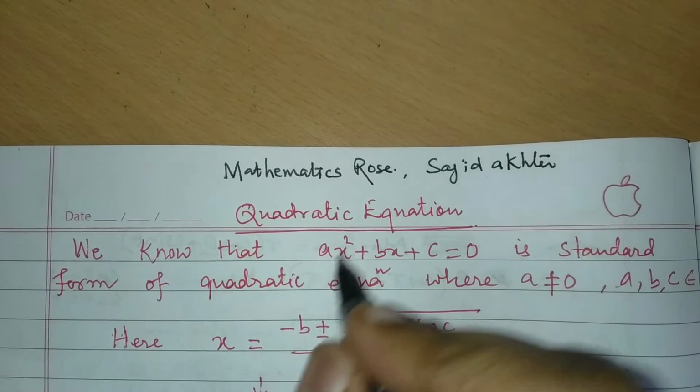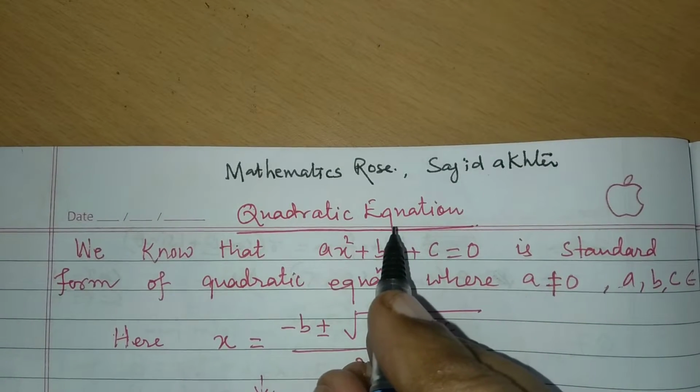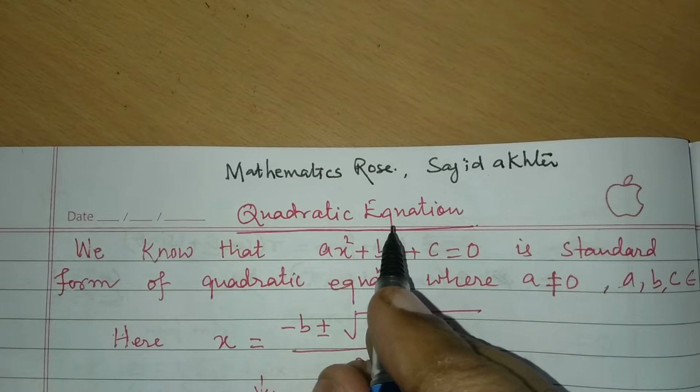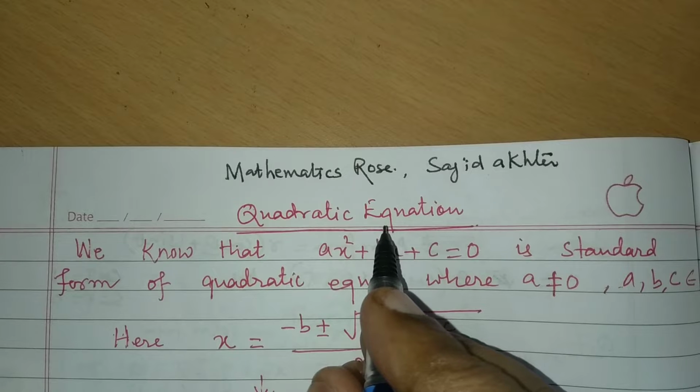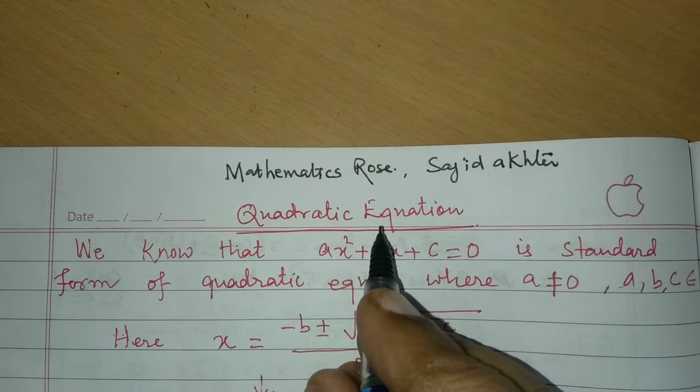Now, as we know, a quadratic equation is an equation in which the power of the variable is always 2.